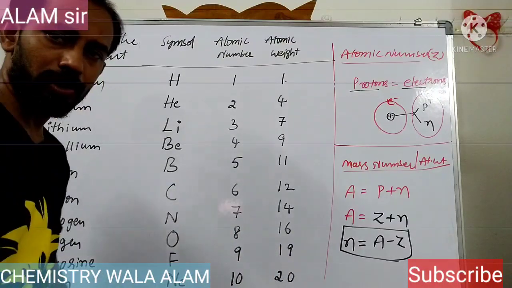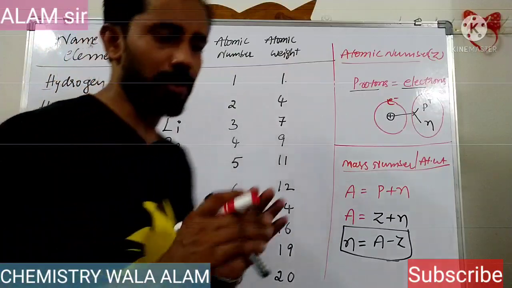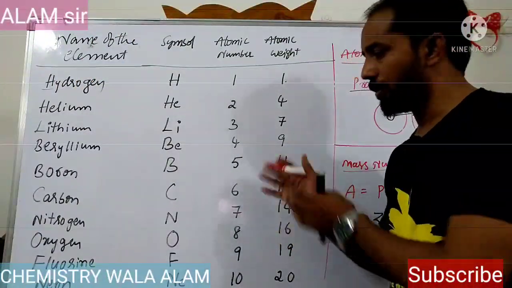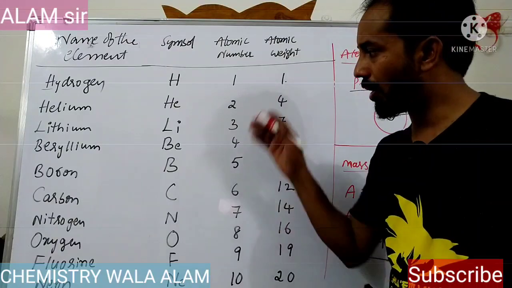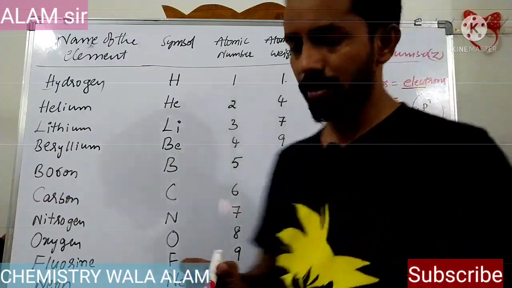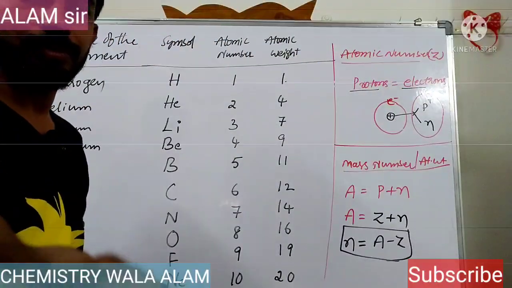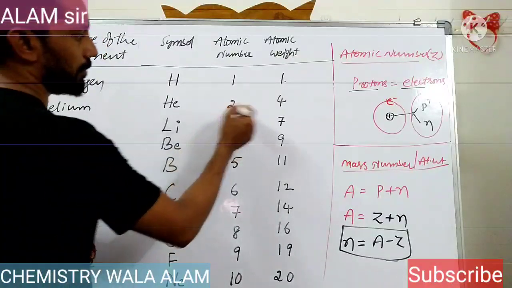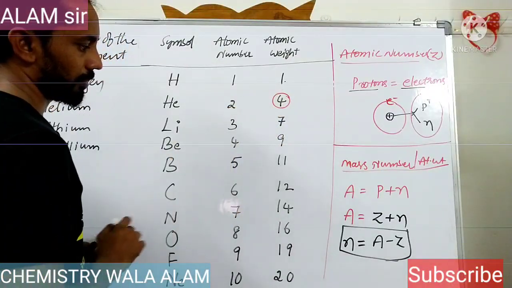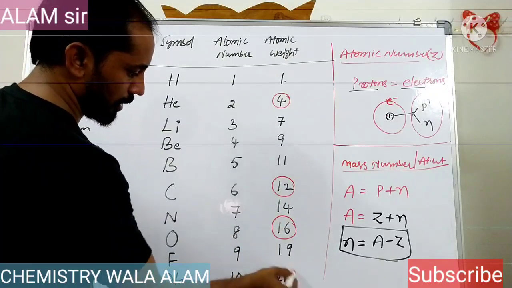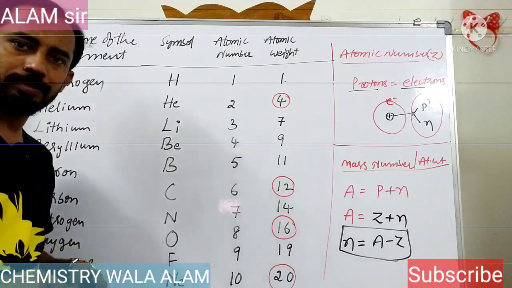Here you can observe that some of the elements have an atomic weight that is exactly double the atomic number. In the odd number series, it is double plus 1, but that is not the case for all. So you can observe here, helium is exactly double, carbon 12, oxygen 16, neon 20.